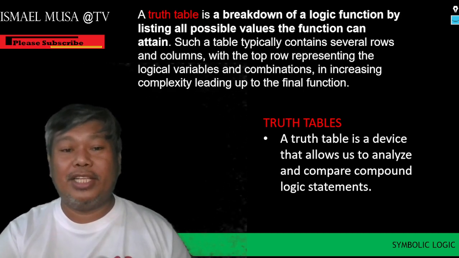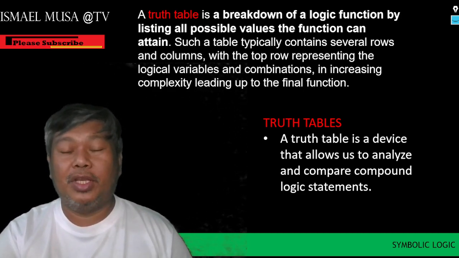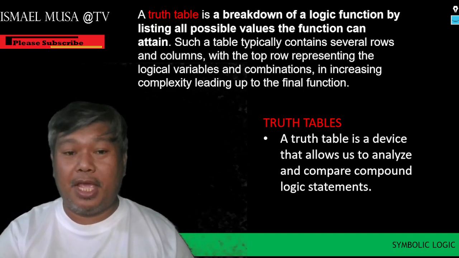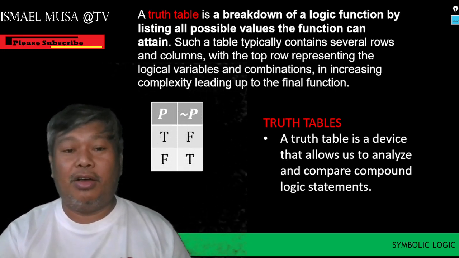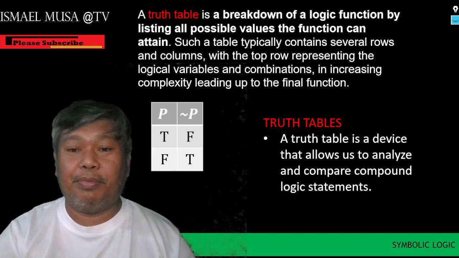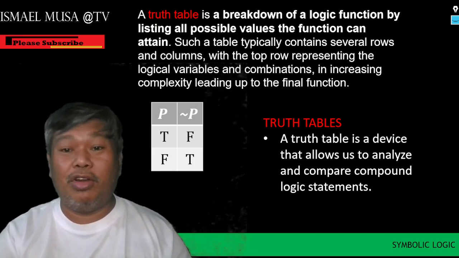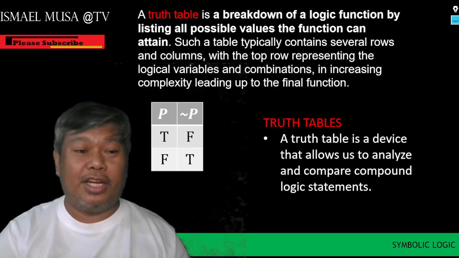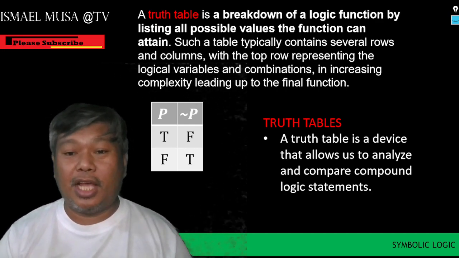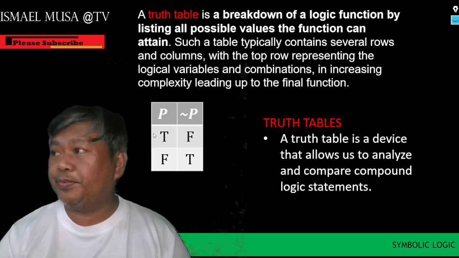For example, a single proposition P. We can come up with a truth table for it. A single proposition can be assigned only two truth values.